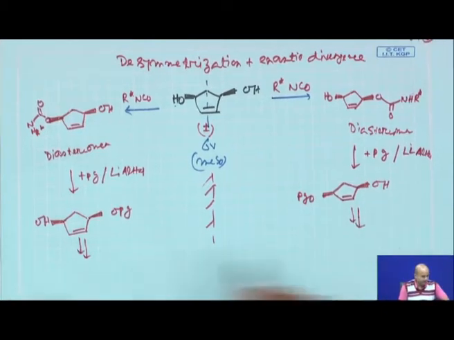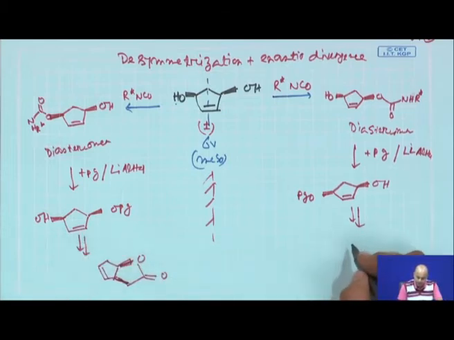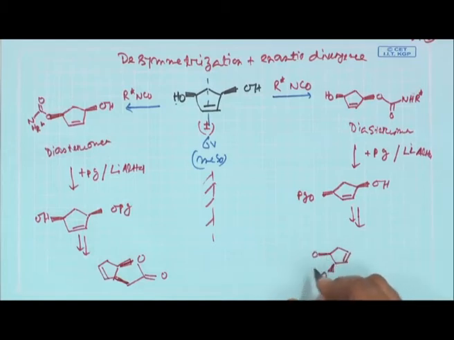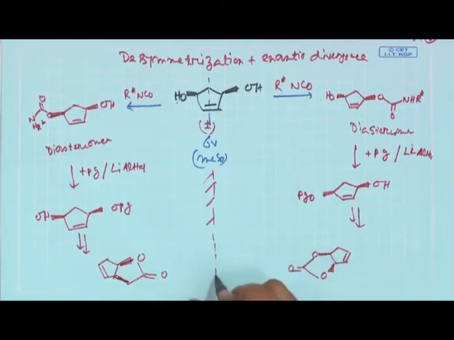Probably you can take it as a home assignment, how both of these enantiomers can be converted to this lactone. From this compound you get this lactone, and from this compound you get this lactone, and these lactones are mirror images of each other.